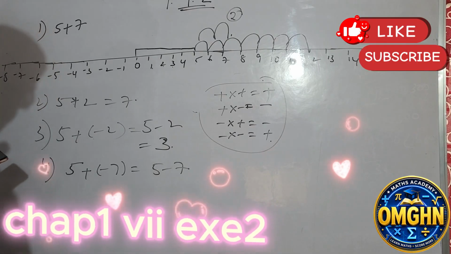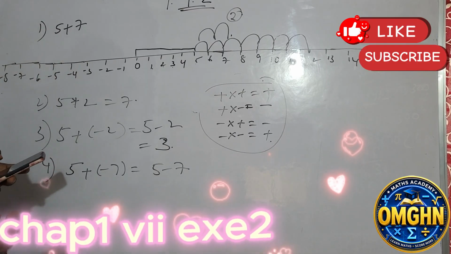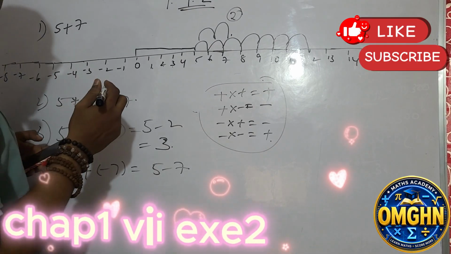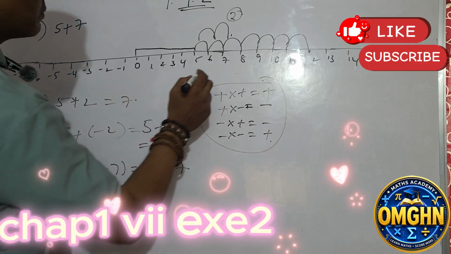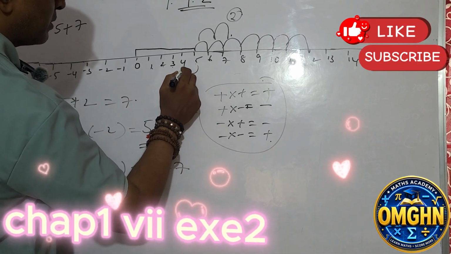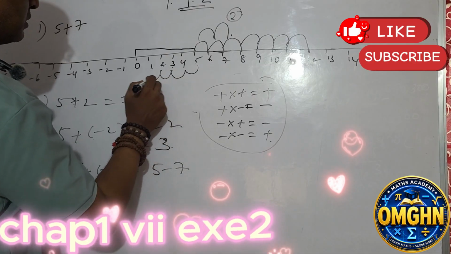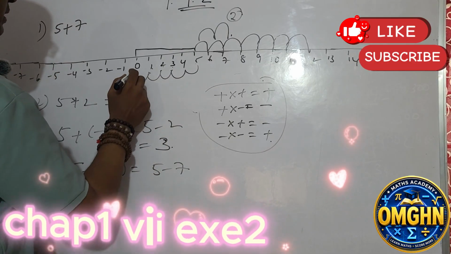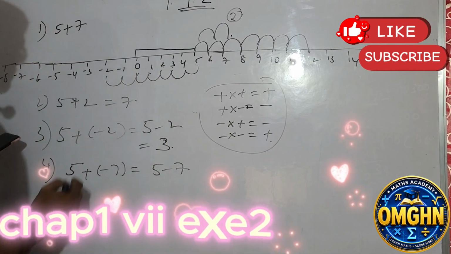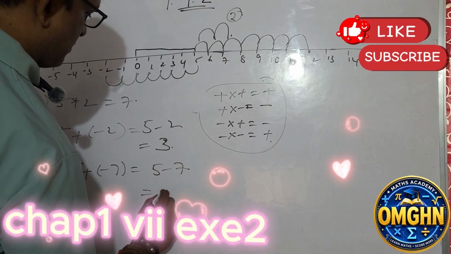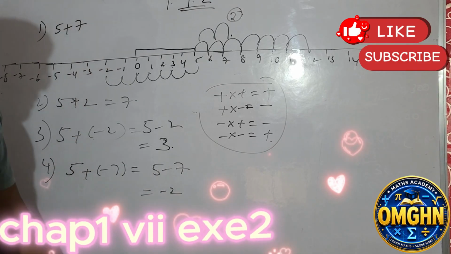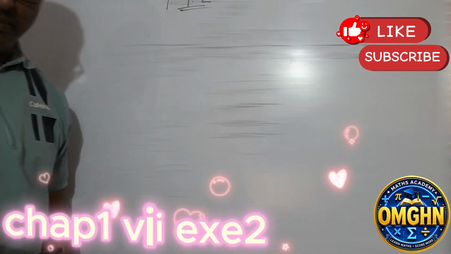Now see, 7: 1, 2, 3, 4, 5, 6, 7. That is -2. Okay? This is the sum. Now, next question.